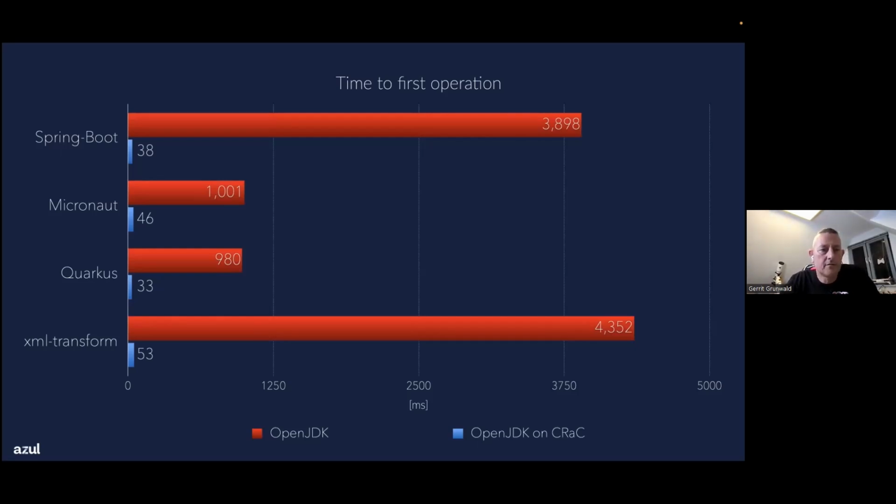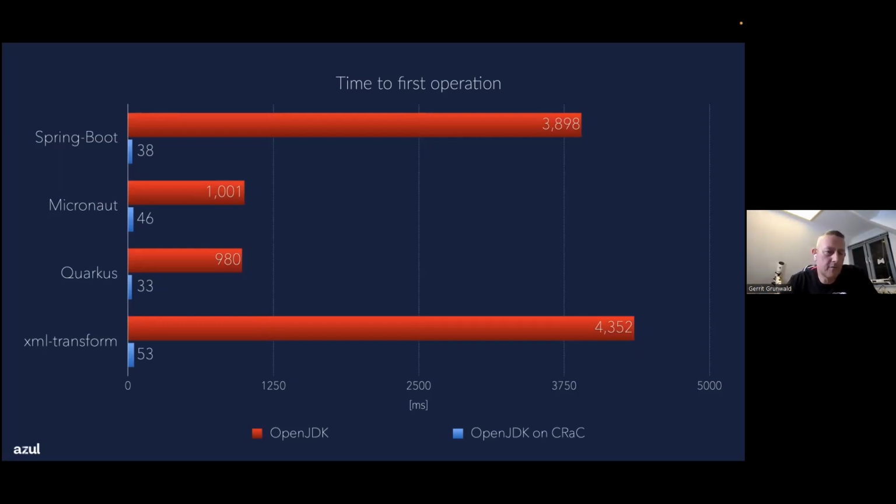Okay, so this is that, and just to let you know what we did. First of all, these demos are available, so if you don't believe me, you can just try it out yourself and see the results. For Spring Boot, we patched Tomcat with CRaC and then told Spring Boot to use this one as the embedded web server.